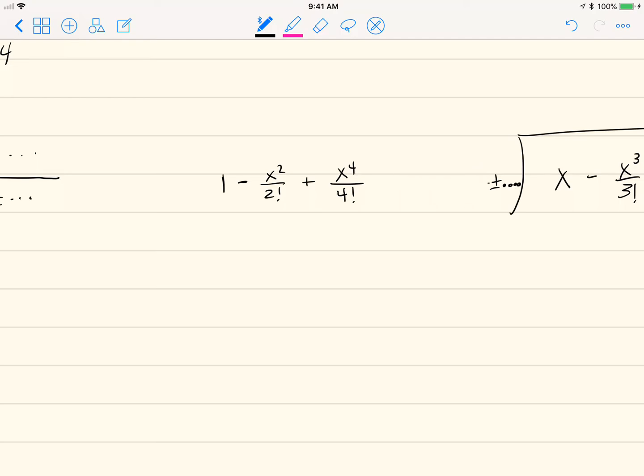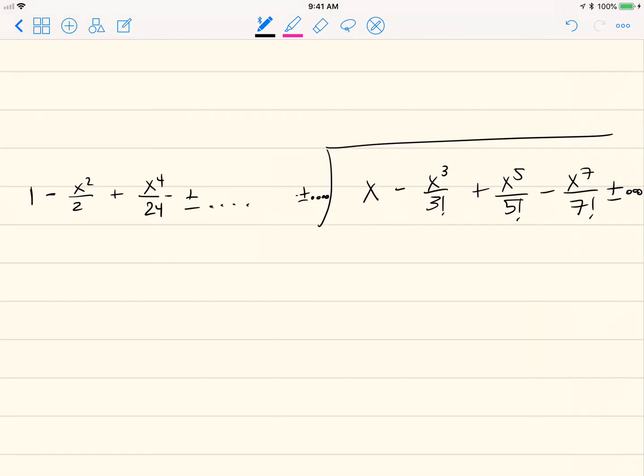And then number two. What is 2 factorial? 2 factorial is just 2. What is 4 factorial? That is 4 times 3 times 2, so that's 24. So I'll write that as 24 plus minus dot dot dot. And on the inside, minus plus dot dot dot. What is 3 factorial? It's going to be 6.